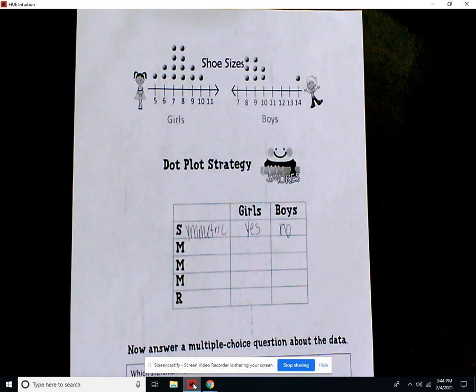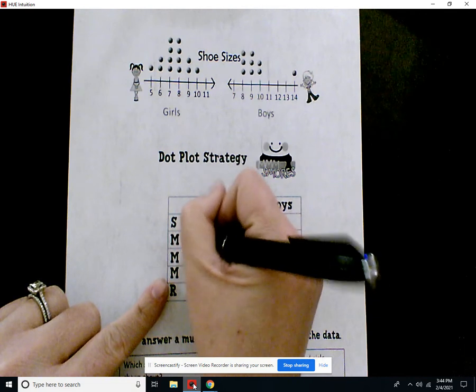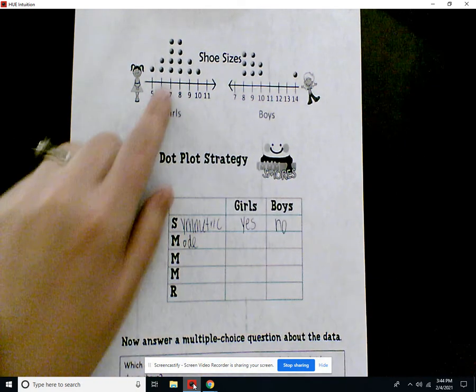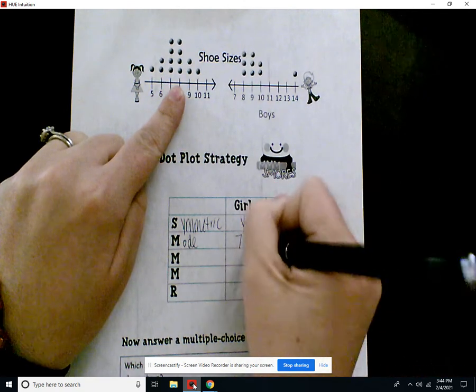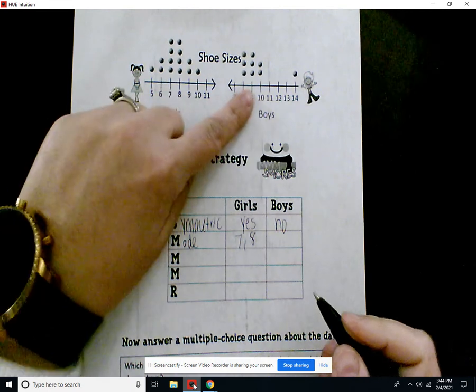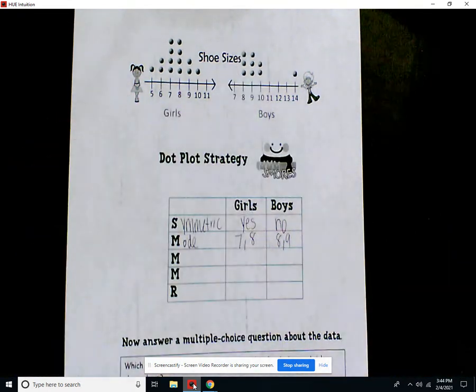Okay, so first let's find the mode. Mode is the one that has the most dots. If we look at the girls, 7 and 8 are our mode. Then look at the boys, 8 and 9 is their mode. If we have two modes, you put both.